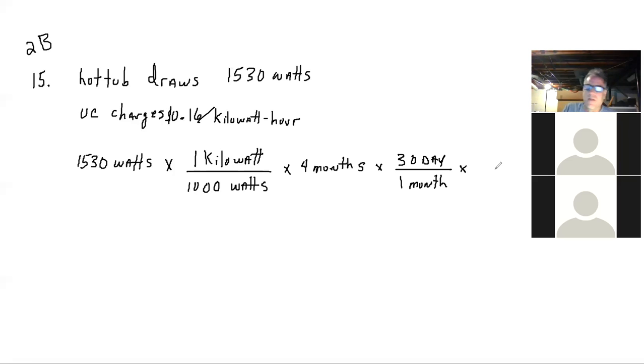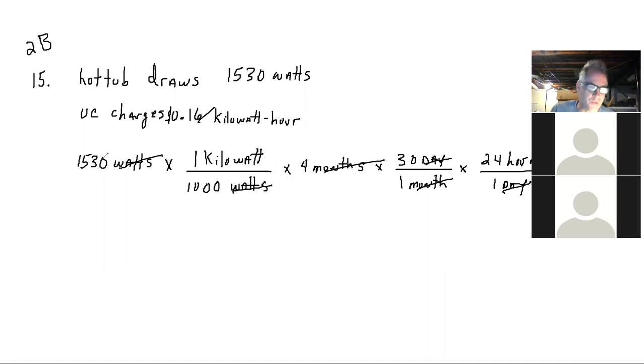Now, I need to get hours up top, and there are 24 hours in 1 day. That gets my days to cancel. So I got my watts to cancel, months to cancel out, and days to cancel out. So up top, that's where you get the kilowatt hour.